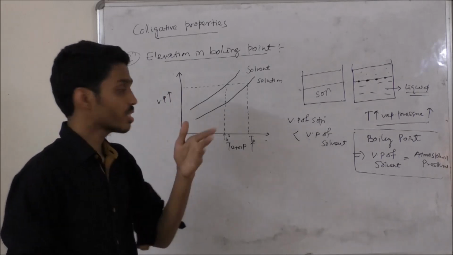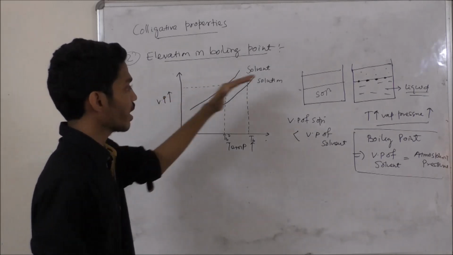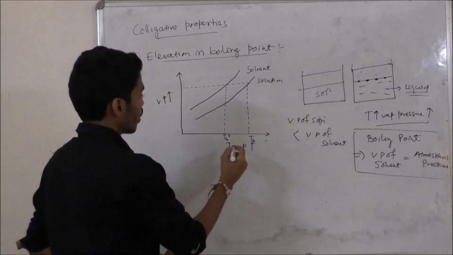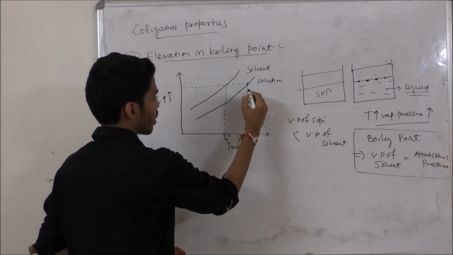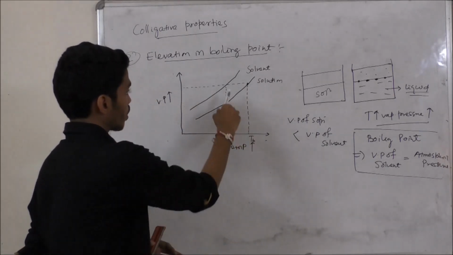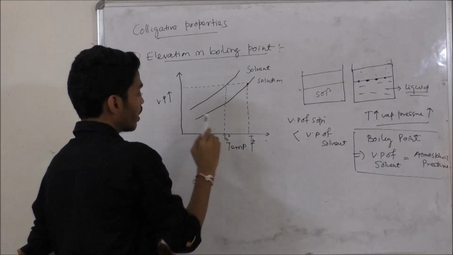Here you can see that when we want to create the same amount of vapor pressure in both containers, we need more temperature in case of solution. Okay, we need more temperature in case of solution, whereas in case of solvent we need less temperature.